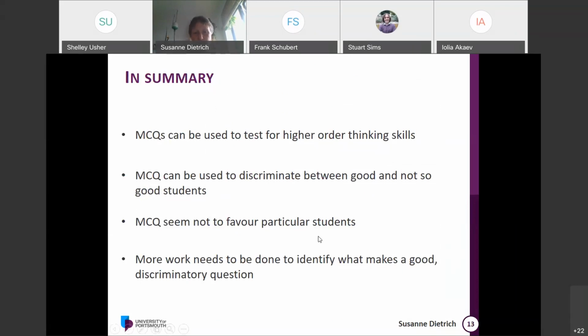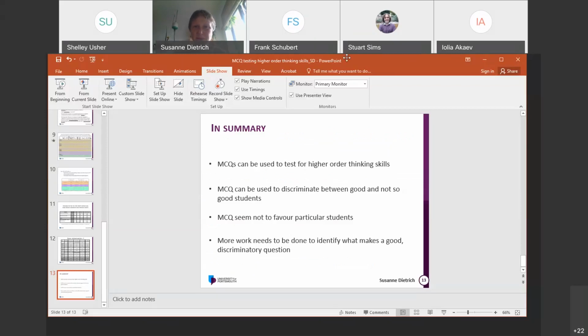We need to pay particular attention to how we phrase the questions, and we need to spend more work on finding out how a good and discriminatory question works. And finally, I think we can use the MCQs to make sure that there is no bias introduced into the exam. And with that, I thank you and hand over to Frank again.